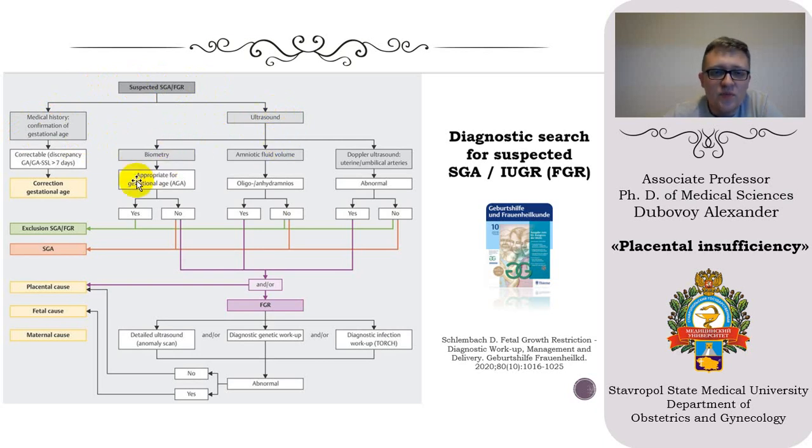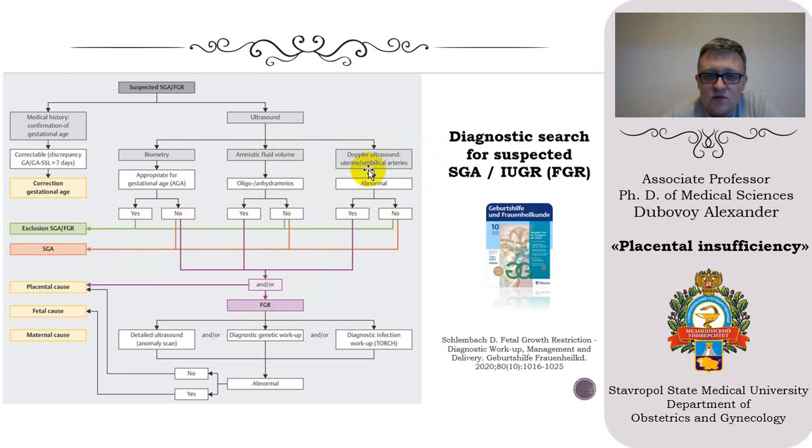Biometry appropriate for gestational age, yes. Exclusion. Small for gestational age or intrauterine growth restriction, no. SGA. Amniotic fluid volume, oligohydramnios, no. Is normal, yes. Maybe SGA, maybe FGR.